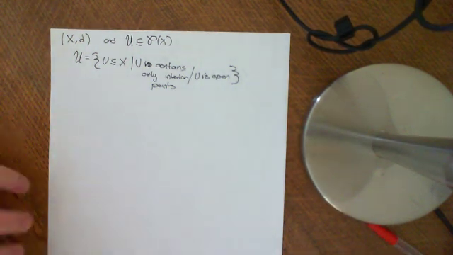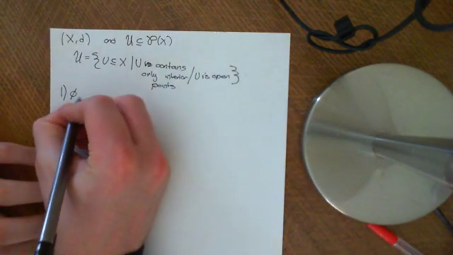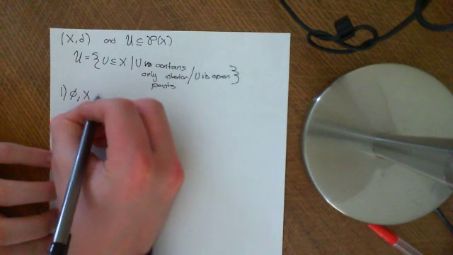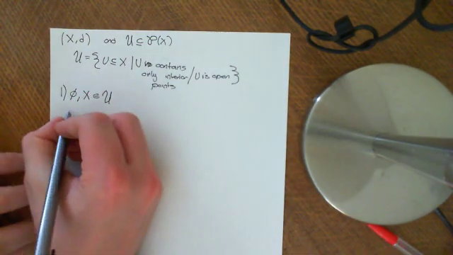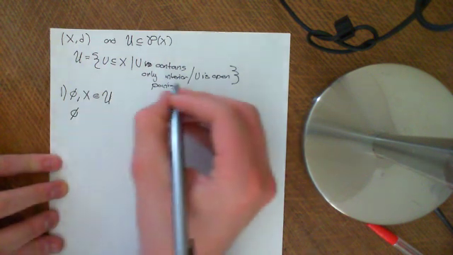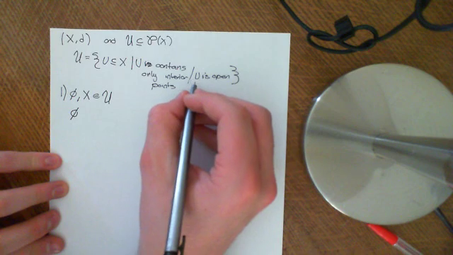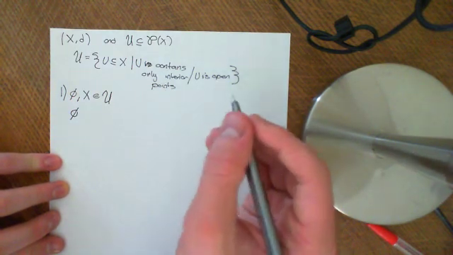Okay, so the first axiom I need to show is that the empty set and the whole space are elements of this topology U. Well, we have discussed in previous videos that the empty set is open in the sense of metrics, because does it contain only interior points?